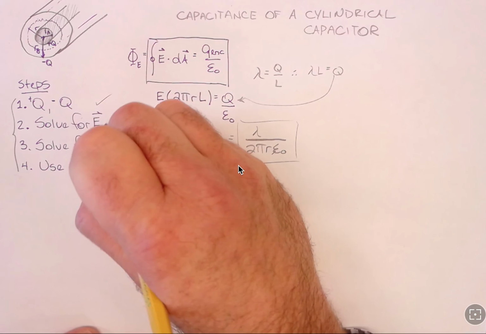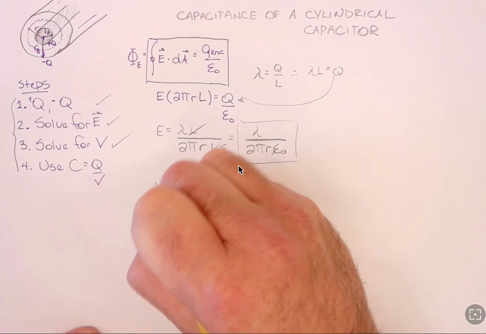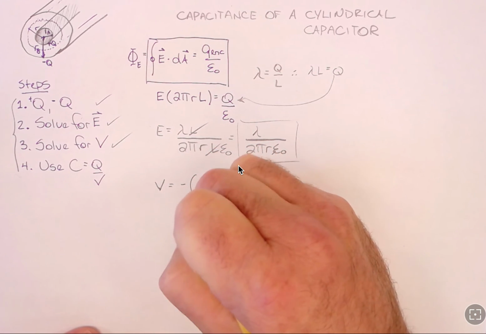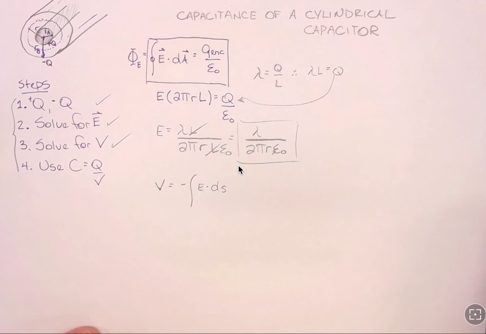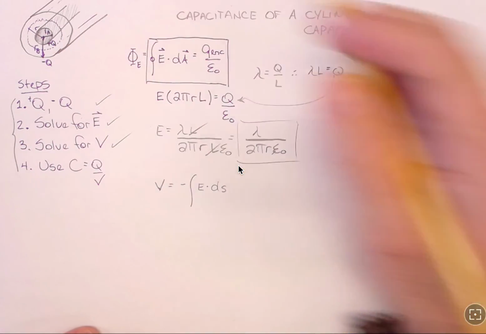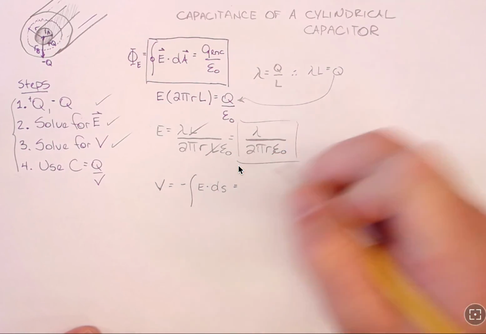Step number 3 then is going to be to solve for the electric potential. That's going to be negative the integral of E dot ds. In this case, we'll use dr since we're talking about distance away from the center of the circle. Let's go ahead and make some appropriate substitutions.